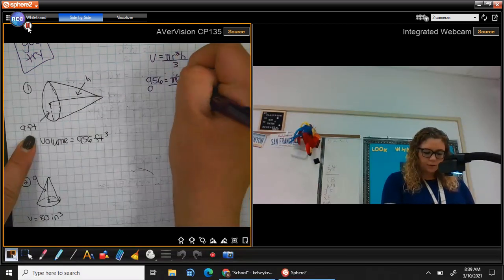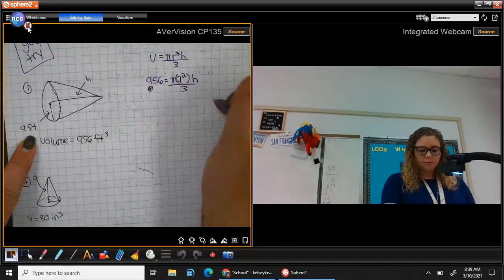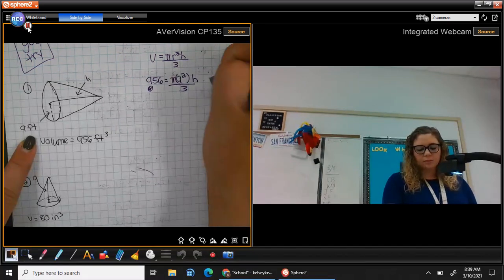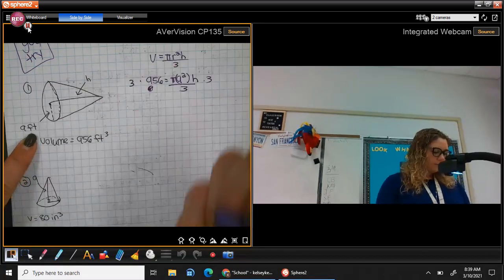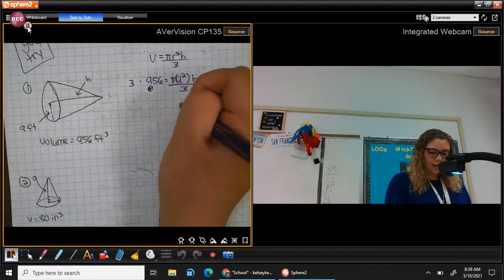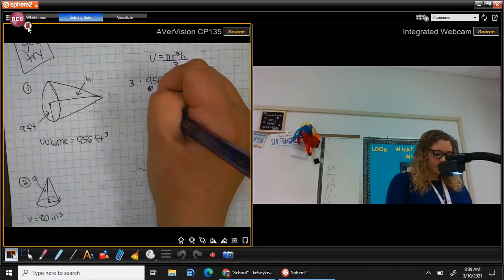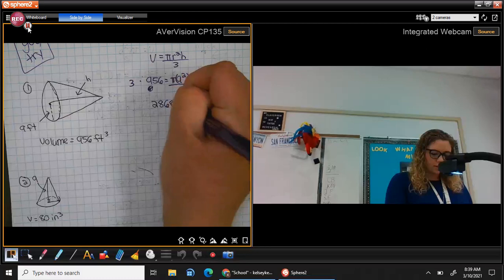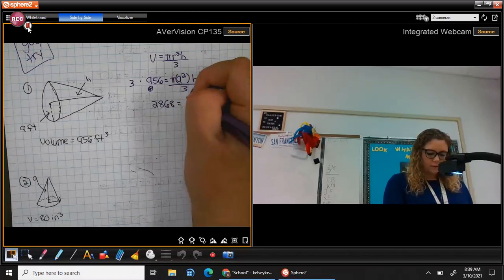Divide by 3. Okay, first thing you want to do when you work with cones is multiply both sides by 3. 3 times 956 is going to give you 2,868. And these cancel out.